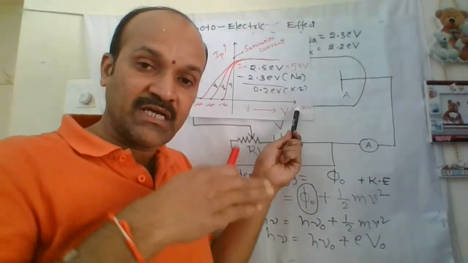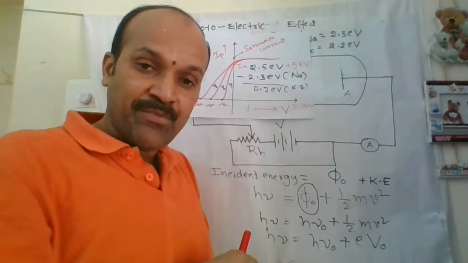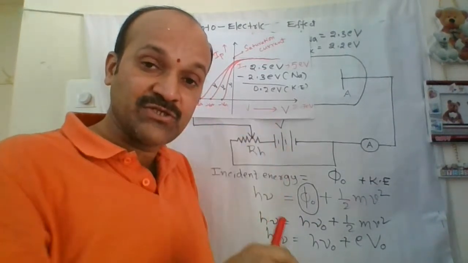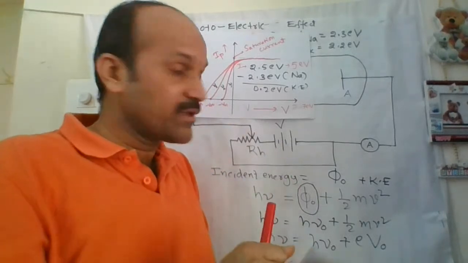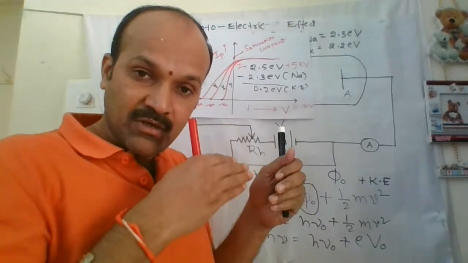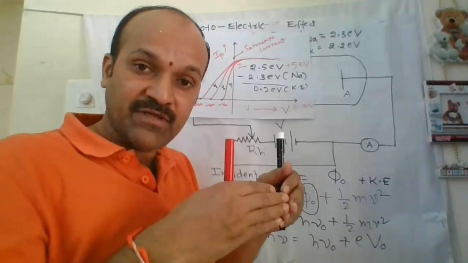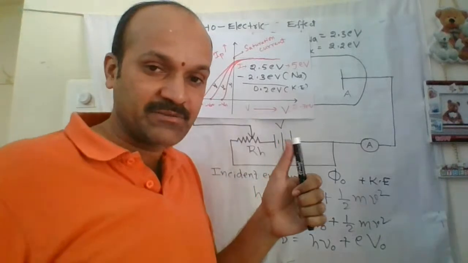So if you keep on increasing the energy of the incident radiation, you will get the kinetic energy of the electrons also in increasing manner.